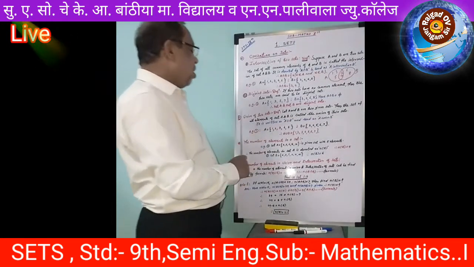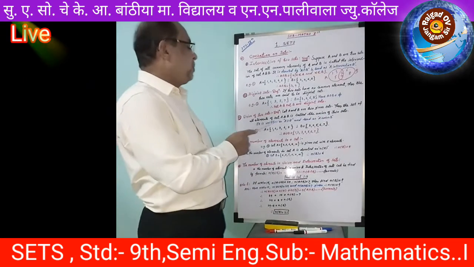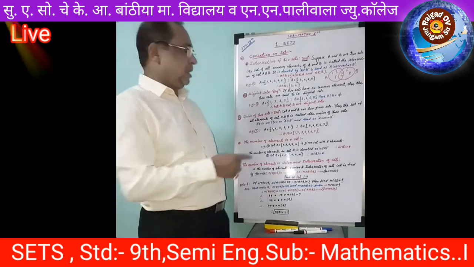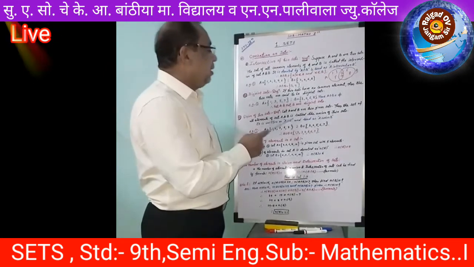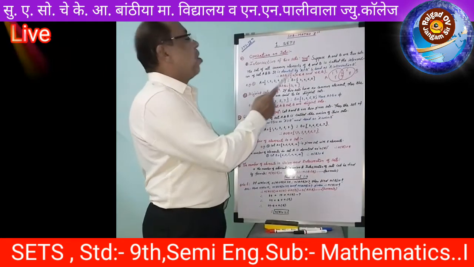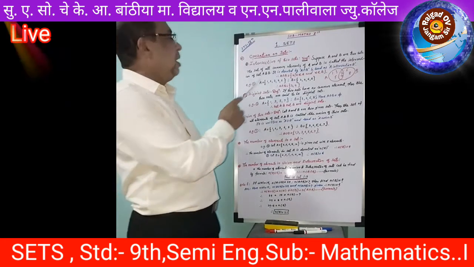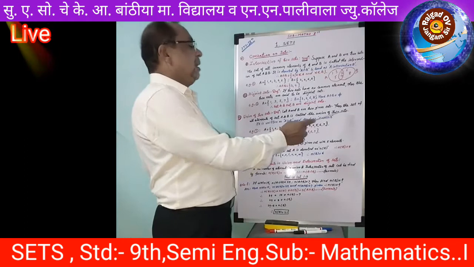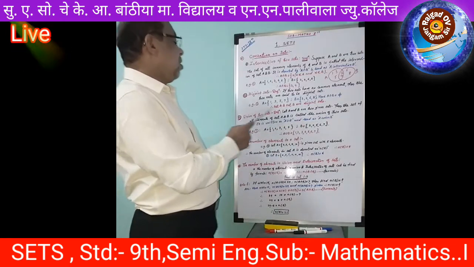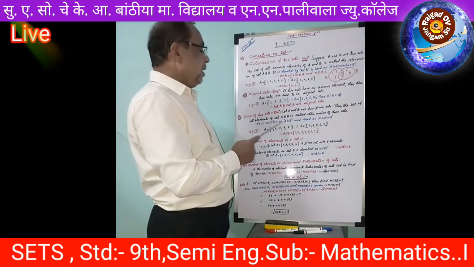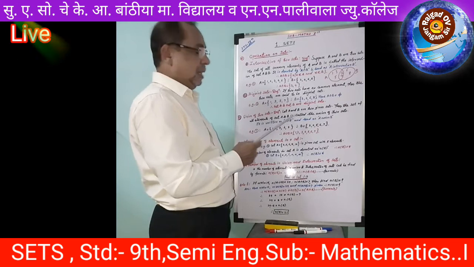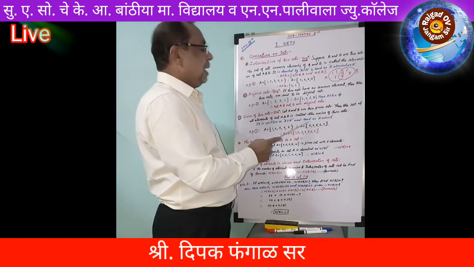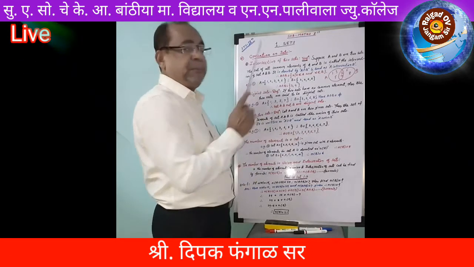Then the set of all elements of sets A and B is called the union of two sets. Here it is the set of all elements, and in intersection it is the set of common elements. That is the difference between these two. So all elements together is called the union of two sets. It is written as A union B. This symbol like U is called union and is read as A union B.